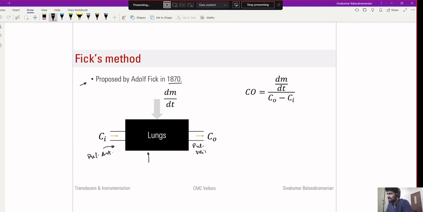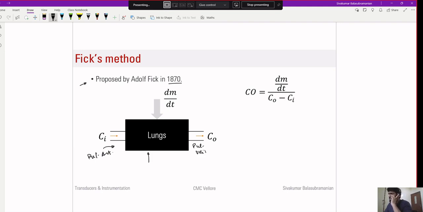And what happens in the lungs? Gaseous exchange. Gaseous exchange will happen. Right. So there is exchange of gases that happens at the lungs.